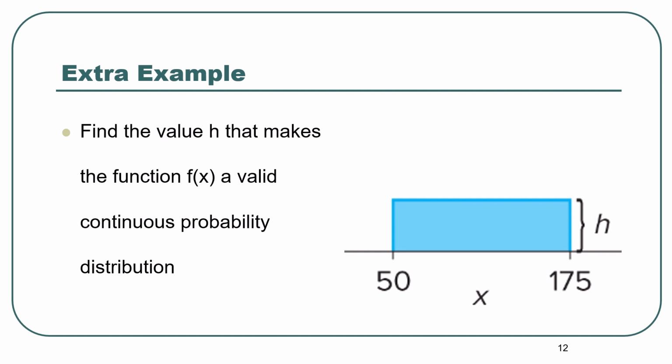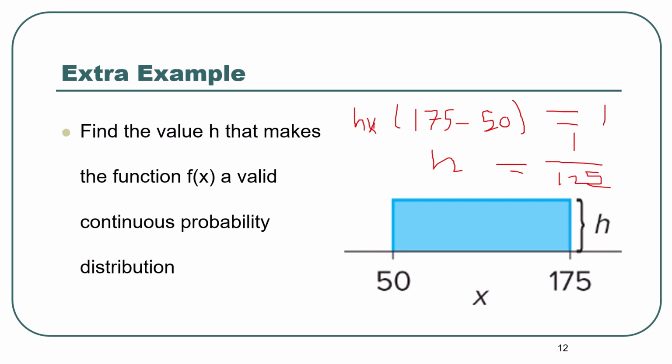H times the base, and how much is the base again? It is 175 minus 50. This is the base, and this is the height. It has to be 1, which means h is equal to 1 over that difference.